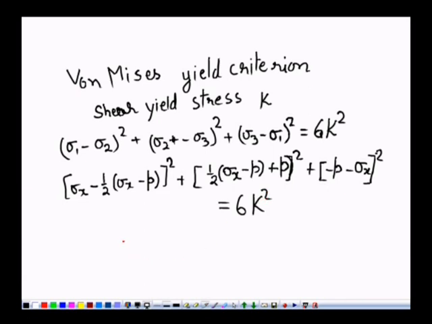So, finally, if we solve it, directly, we can say that p plus sigma x is equal to twice k. This is an important relation regarding sigma x, whatever the pressure applied, and the shear yield stress.